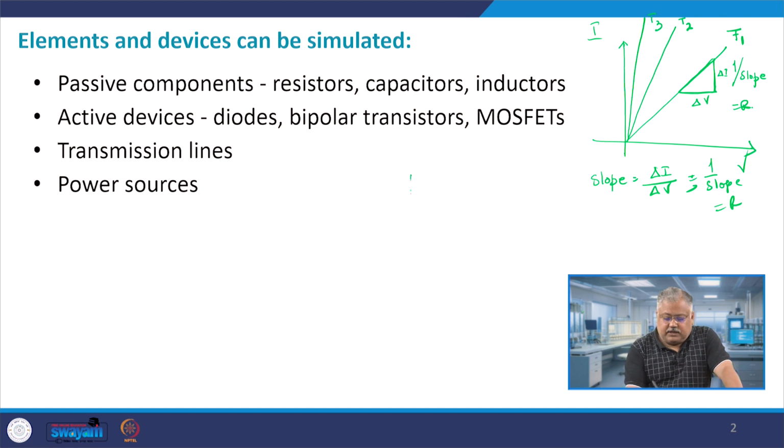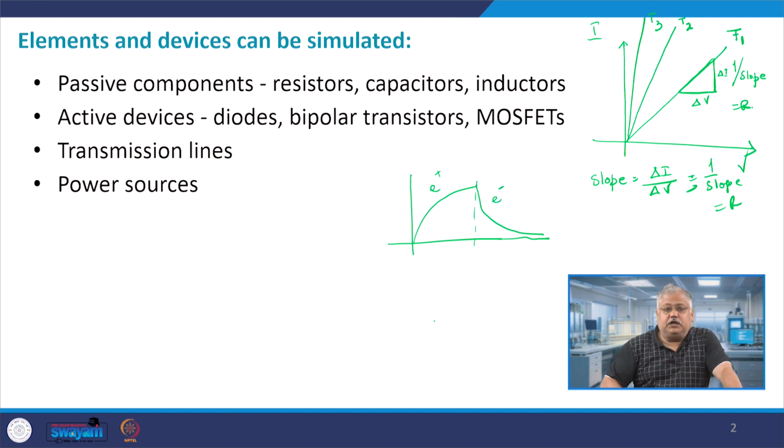If you remember, capacitor charging and discharging shows a graph like this. If this is charging and this is discharging, this is an exponentially rising function and this is an exponentially falling function, right. Now, this exponential rising and falling is determined by the basic idea of a capacitor. You can derive that very easily from first principles.